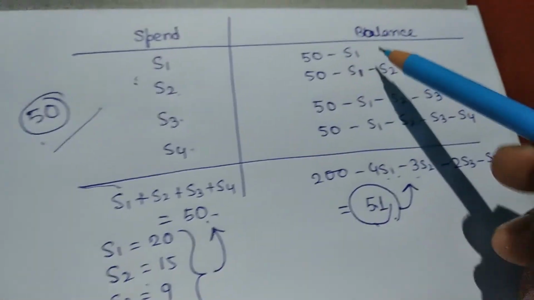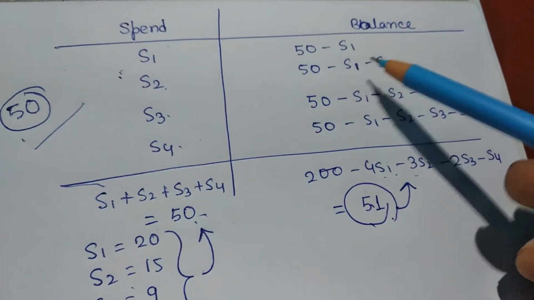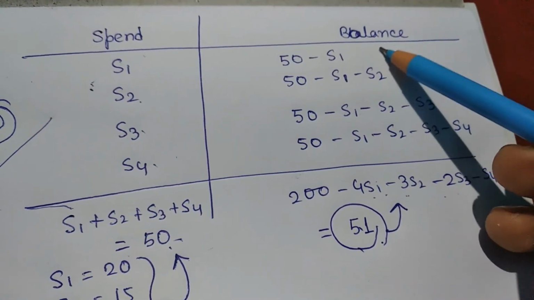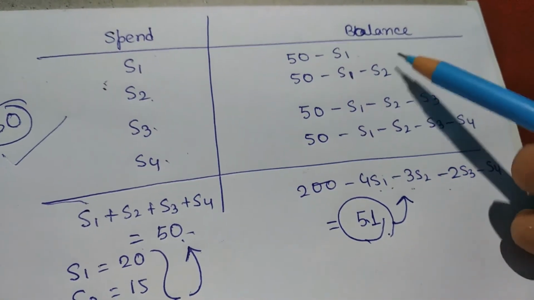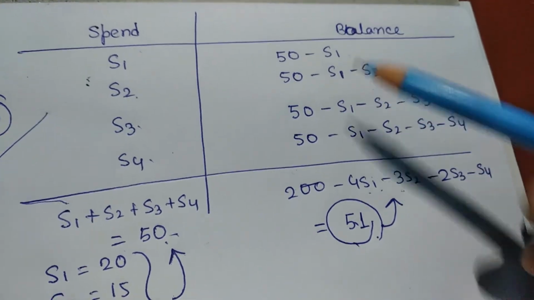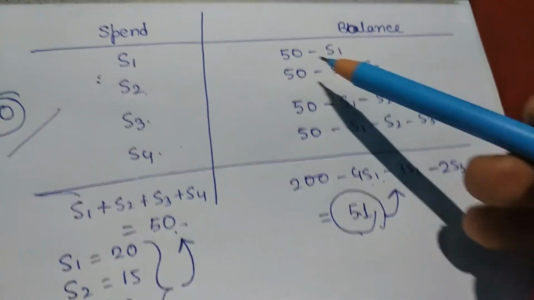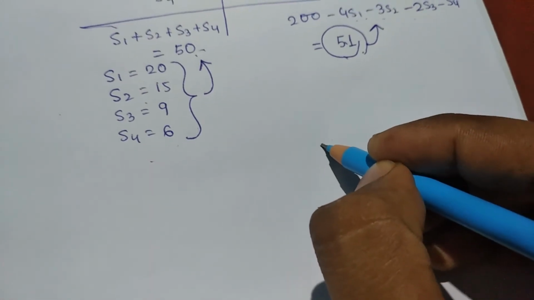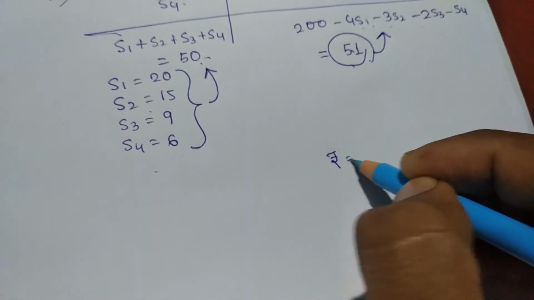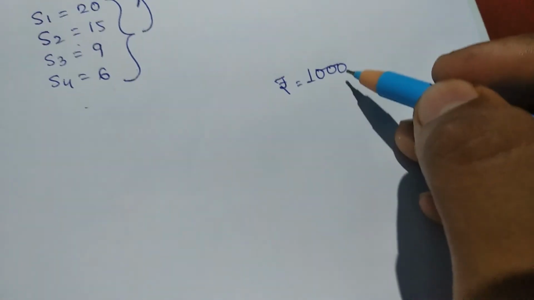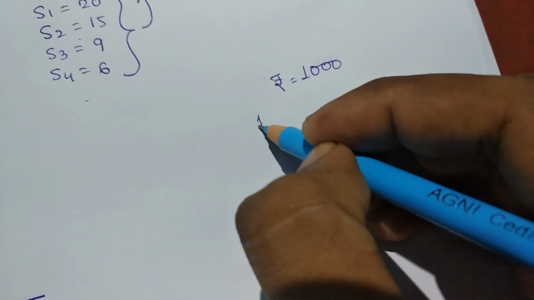But the balance value has nothing to do with our calculation, because how much we spent is in the spend value, but the balance can be anything. Just assume I have 1000 rupees.